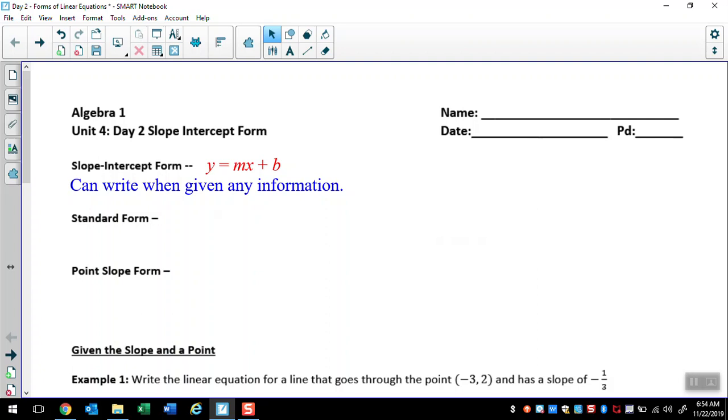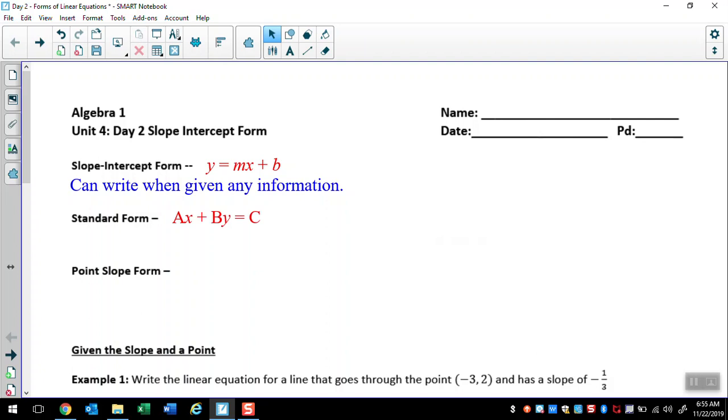If I'm given my slope and a point, the point is the x and y, I can then solve for my y-intercept and then write my final equation. If I'm given my y-intercept and an ordered pair, I can then find my slope and then plug everything in. So there may need to be some work required, but I can always use this form, no matter what information I'm given.